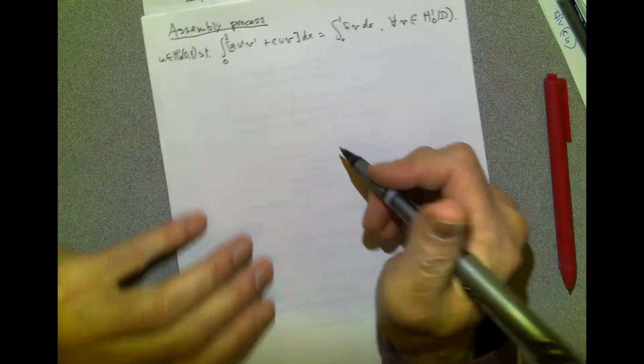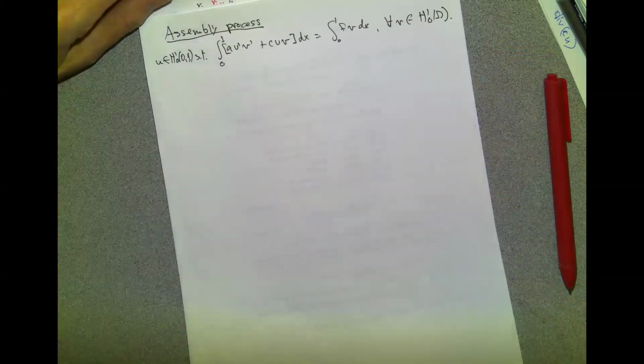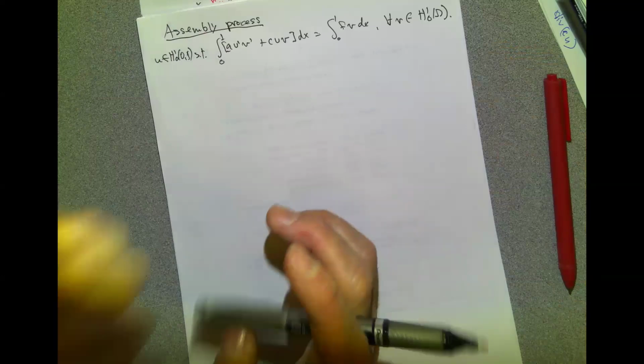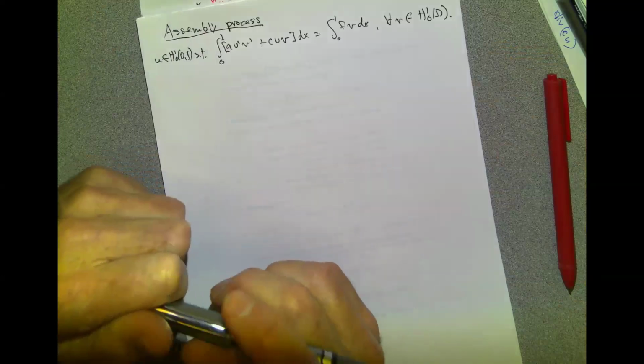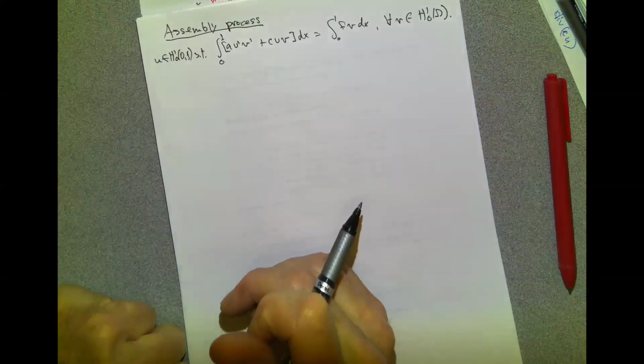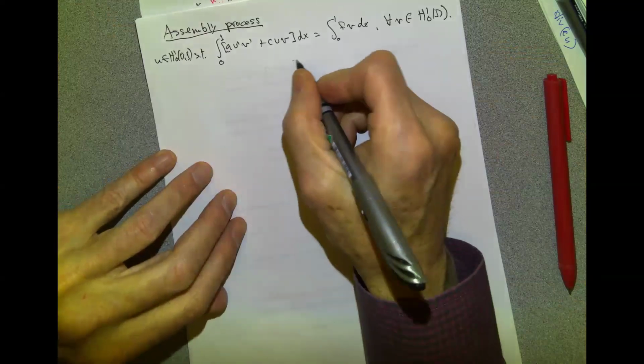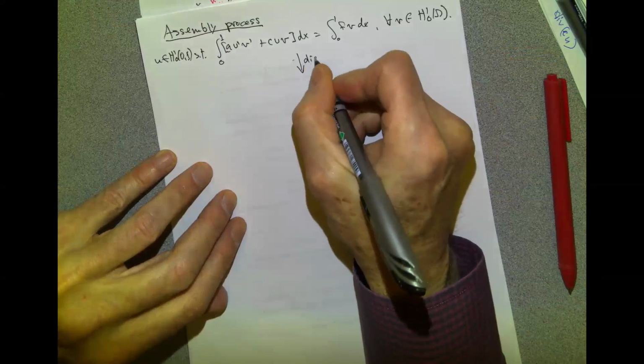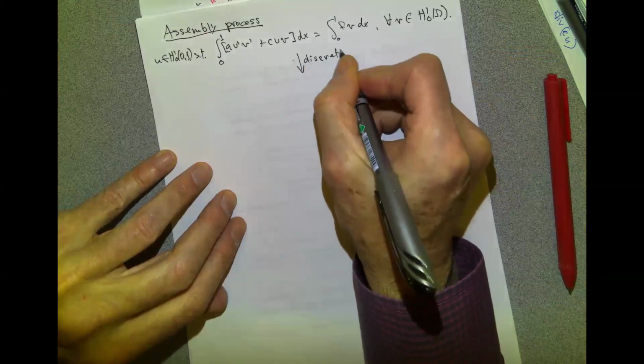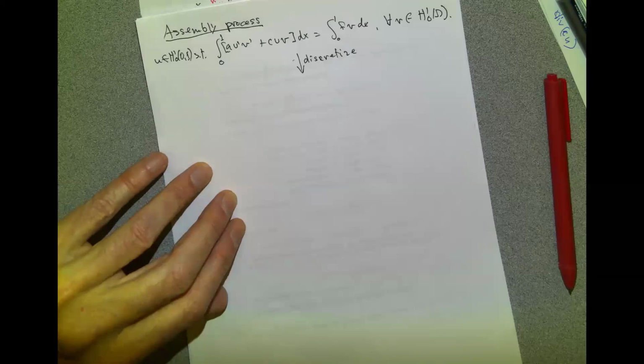Now, you discretize. You build a mesh of the interval (0,1), and when you discretize, you just rewrite things on a finite element space.